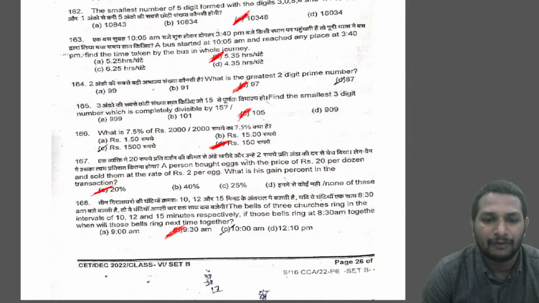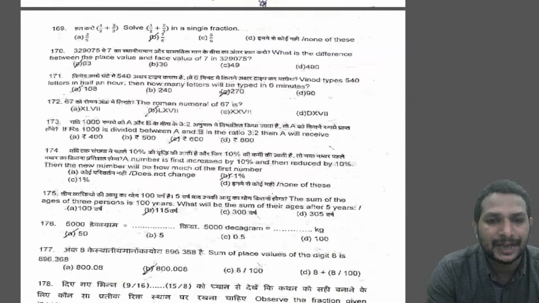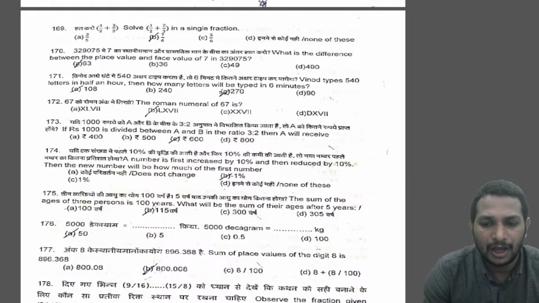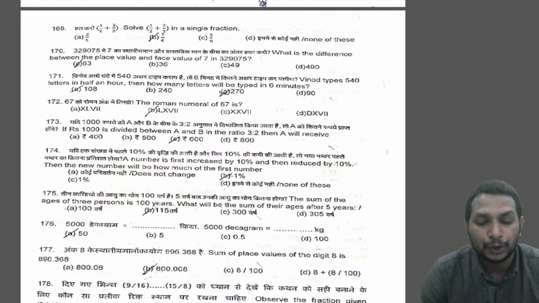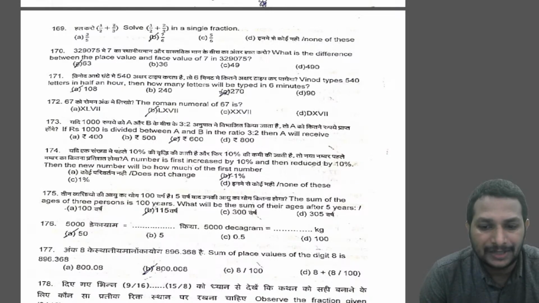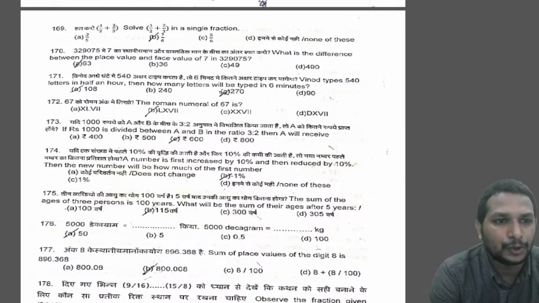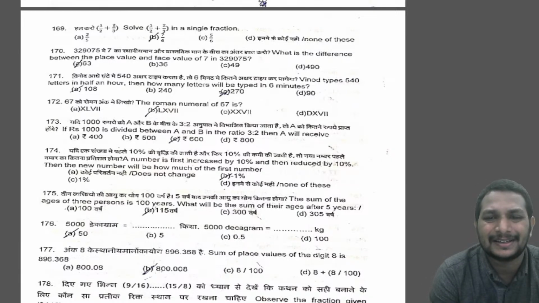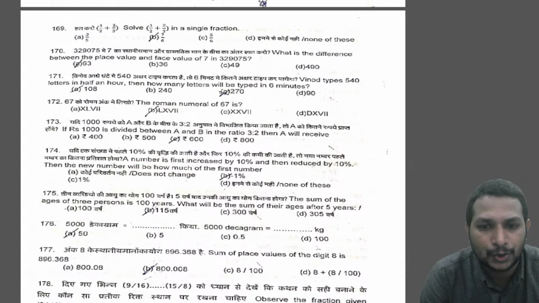Now, let's go to question number 169. Solve 1 by 2 plus 2 by 3. This is basic fractions, right? Addition of fractions: 1 by 2 plus 2 by 3.